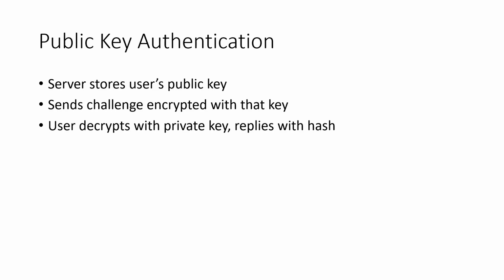The other method is public key authentication, which is more secure and scalable than passwords. Here's how it works. First, the server stores a copy of your public key. When you attempt to connect, the server generates a random challenge. It encrypts this with your public key and sends it back to you. A challenge is just a random block of data.